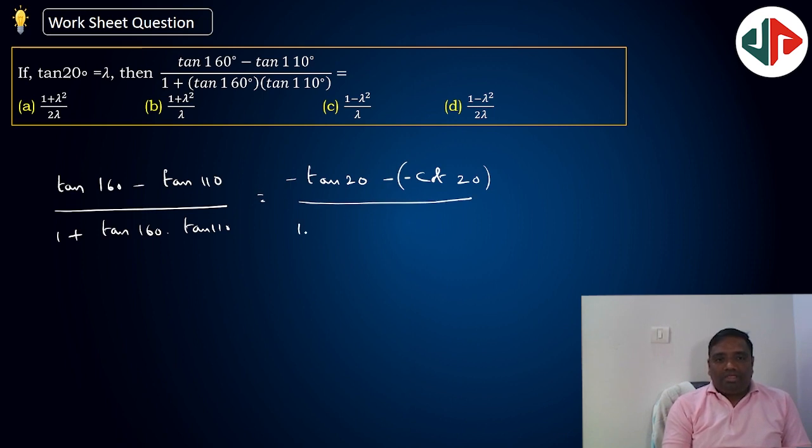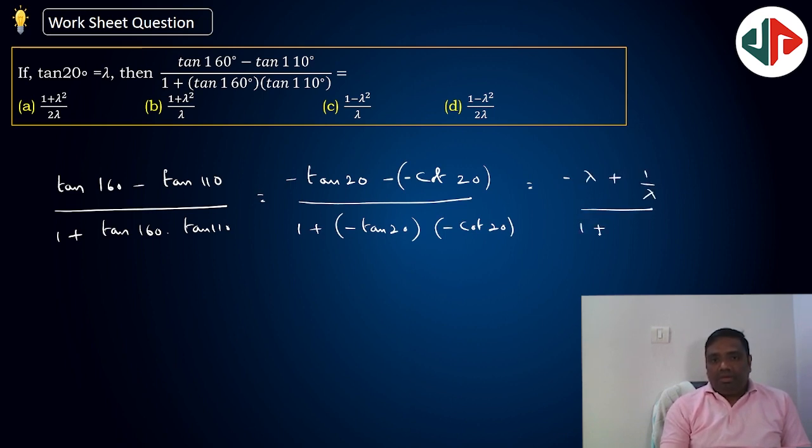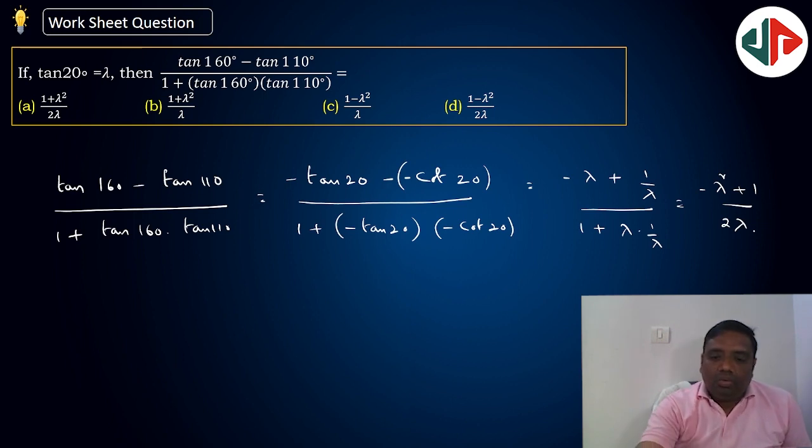This is minus tan 20 degrees and this is minus cot 20 degrees. So your answer is minus lambda plus 1 by lambda by 1 plus lambda into 1 by lambda. So your answer is minus lambda square plus 1 by 2 lambda. So 1 minus lambda square by 2 lambda.